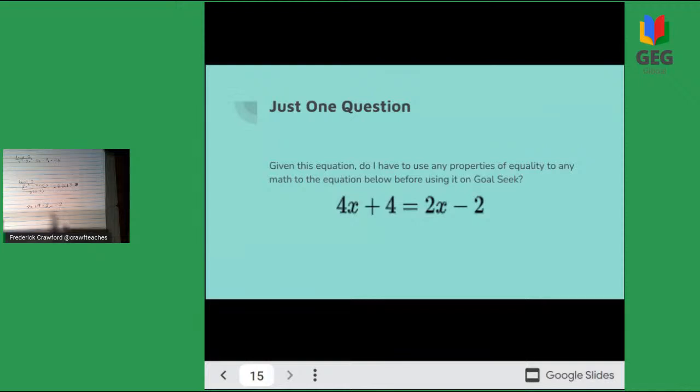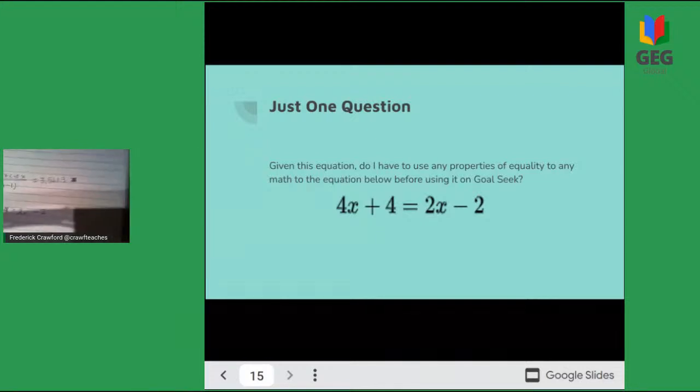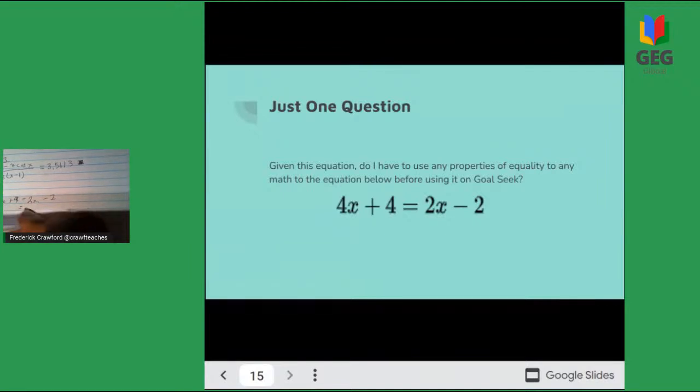But the problem is I need one side to be constant. Both sides have a variable. So what I have to do is bring this variable to the other side. So I'm going to use the subtraction property of equality to get rid of this and have 2x plus 4 is equal to negative 2.